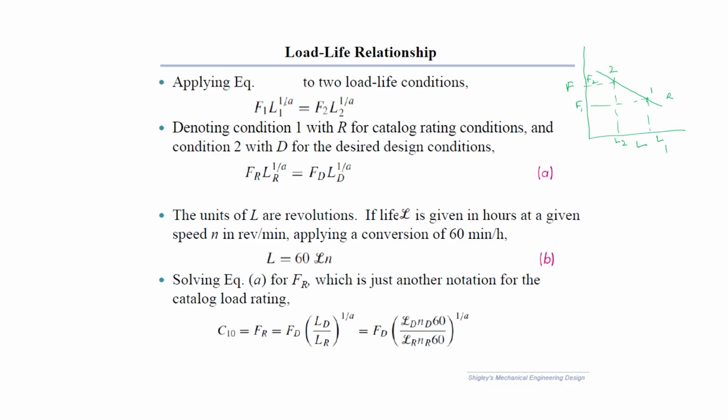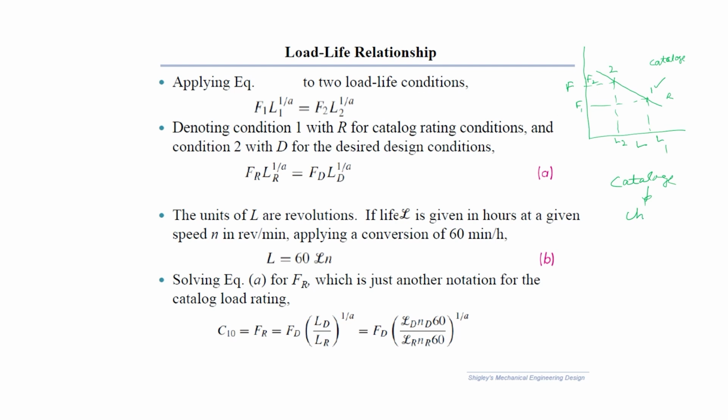So, F1 L1 to the power 1 upon a is equal to F2 L2 to the power 1 upon a, denoting condition 1 with R for catalog rating condition. If this is the catalog rating condition, we know that in the case of our rolling element bearings, we do the selection design from the manufacturer's catalog.